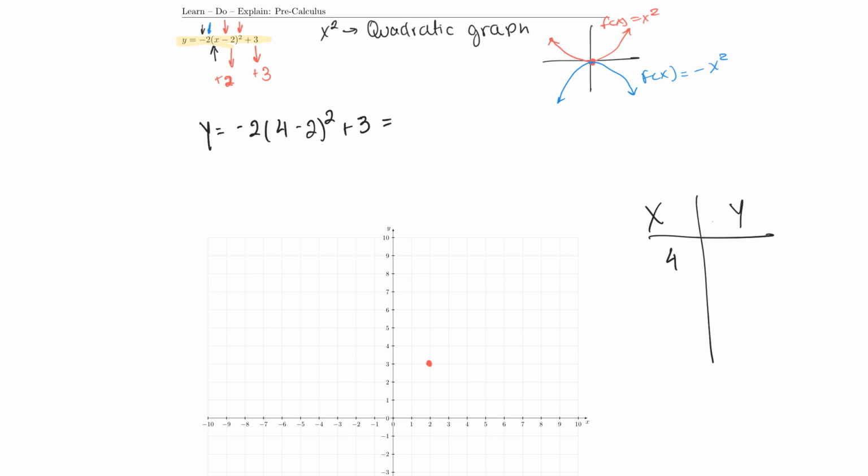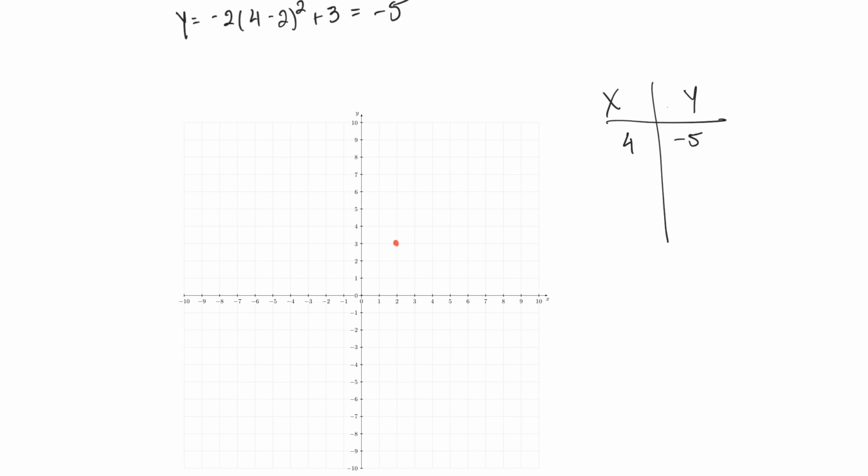Squared is 4. Times minus 2 is minus 8. Plus 3 is minus 5. Okay, so we have minus 5 right here. So wherever x is 4, the outcome is minus 5. Remember that it opens downwards. So 4 and minus 5 right here.